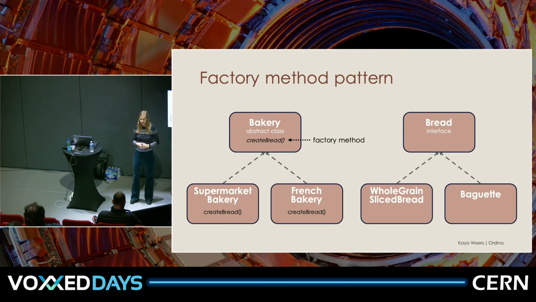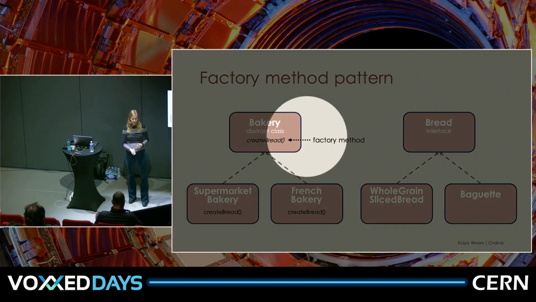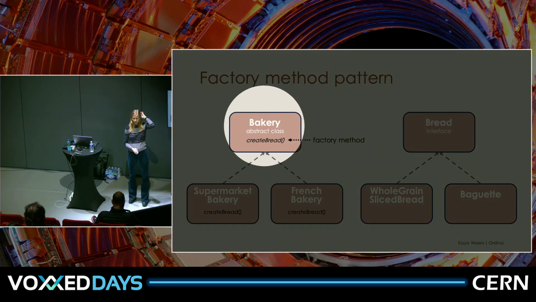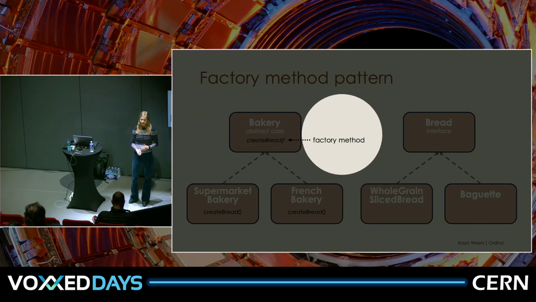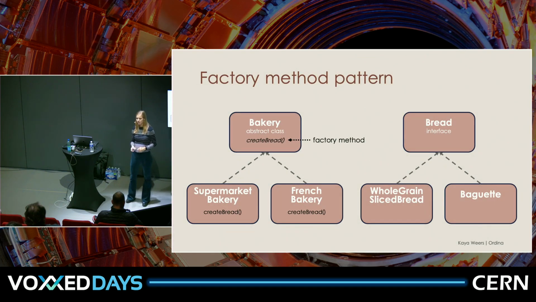So as we see here on the right, you have the bread interface with the two different breads, the whole grain sliced bread and the baguette. And then we have a bakery. And inside that bakery, which is an abstract class in this case, we have create bread. And that's actually our factory method. That's the method that says, okay, I need the bread to be created.